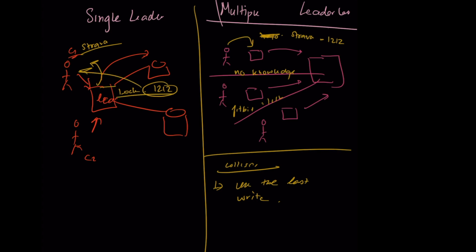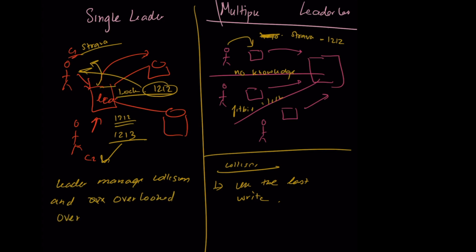Now when consumer 2 comes, because the lock is with C1 and it already updated it, the leader says, oh, 1212 is taken, maybe I'll give you 1213. So this way, the leader manages collision and overrides are avoided.